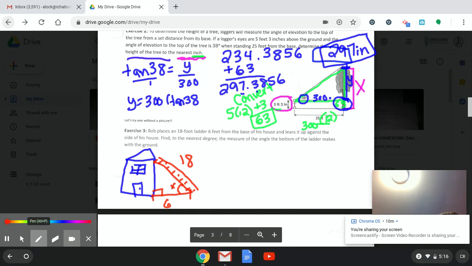Well, from the 2 sides they were given, we have our adjacent and our hypotenuse. So we're going to use cosine of the angle made with the ground equals adjacent 6 over 18. Now typing this one into the calculator, make sure you use second cos.